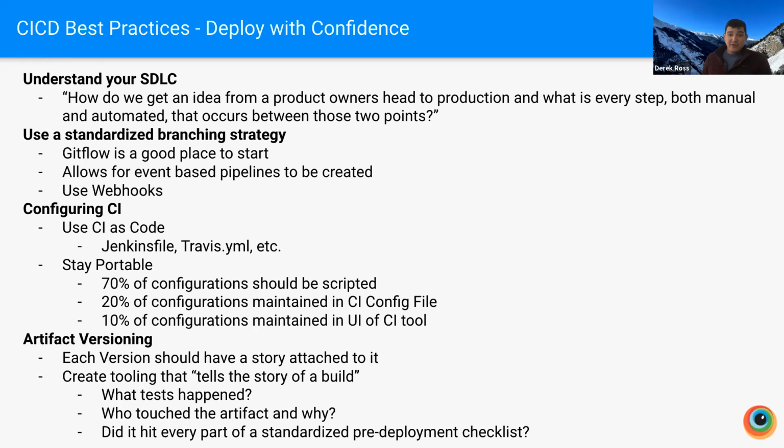But 70% of your configurations should be scripted in a coding language like that. 20% of your configurations are needed in the CI file: your steps, your stages, the actual shell commands where you're going to run your scripts. And then 10% of the configurations are going to be maintained in the UI as CI code.